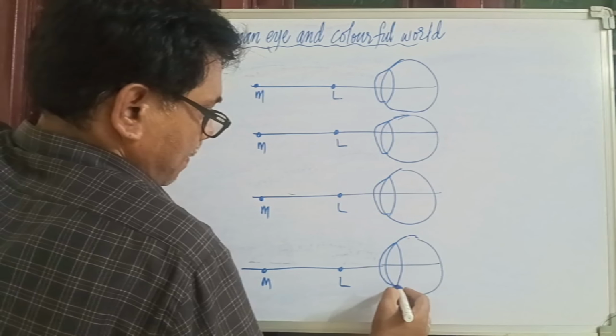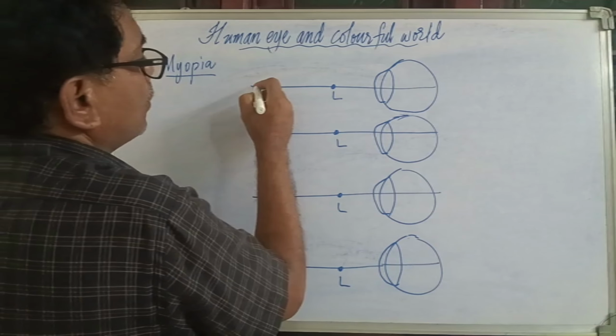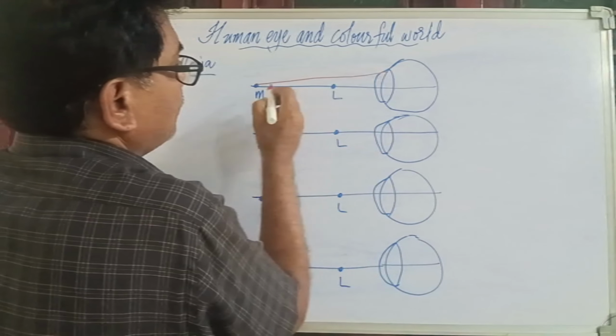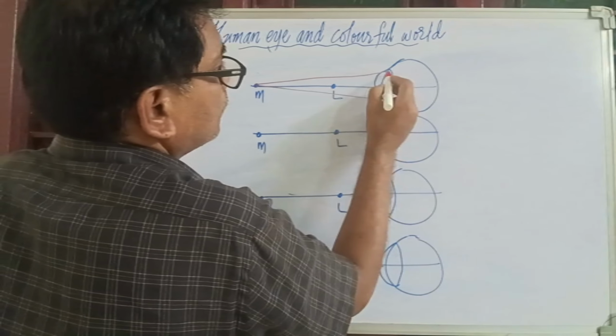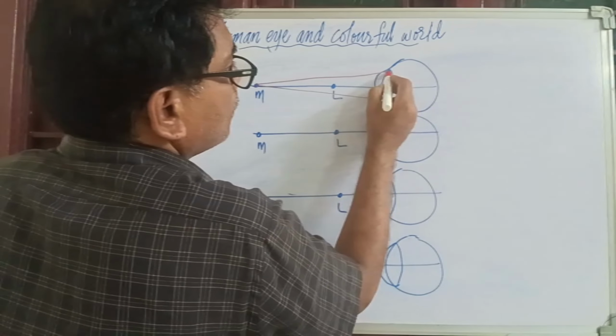Right. So what happened in myopia? He can see object which is at M. So here, this is retina. So you have to show rays exactly touching, coinciding or meeting at retina.